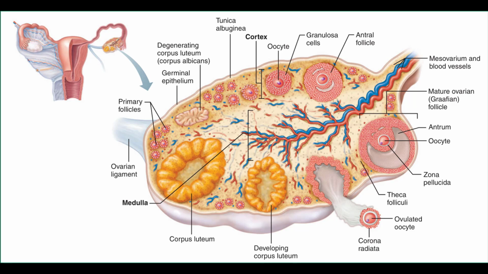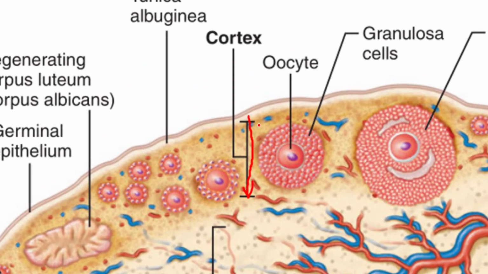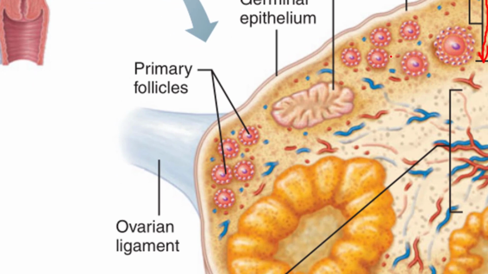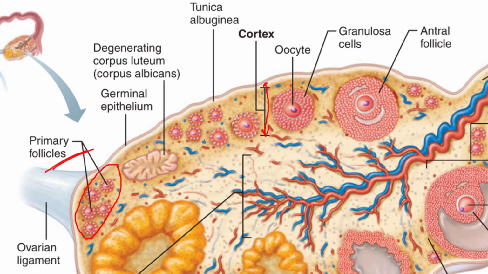So as you can see here, this is the cortex region of the ovary, and you can see these are the primary follicles. These primary follicles develop into the secondary follicles, tertiary follicle, right, and then the mature Graafian follicle. And during the process there is also development of the oocyte.